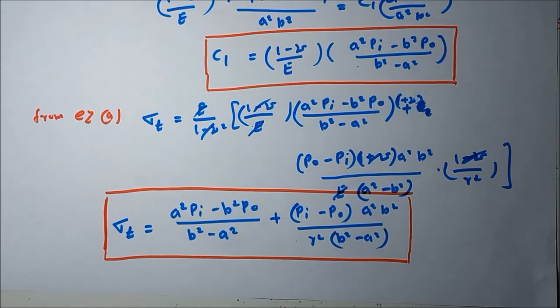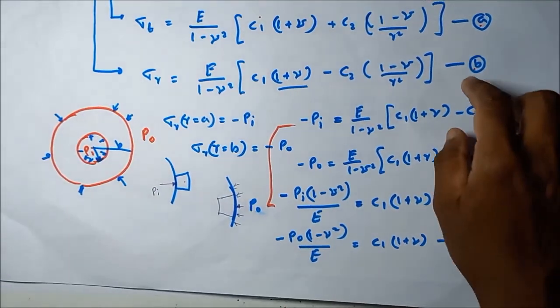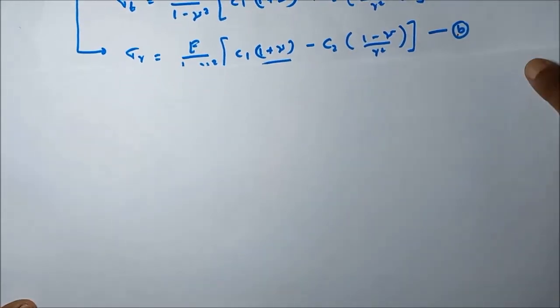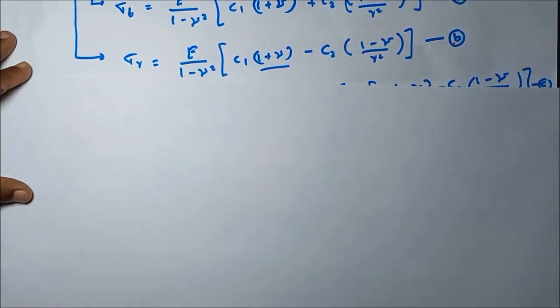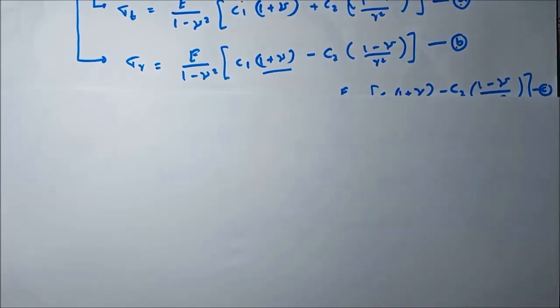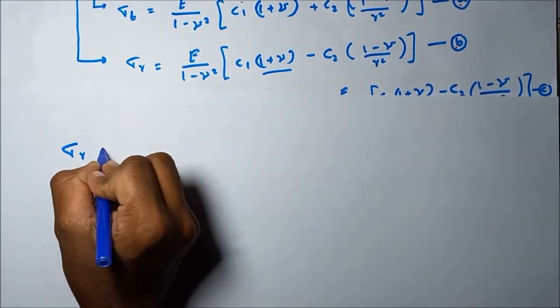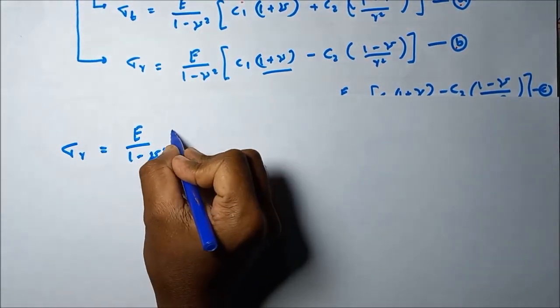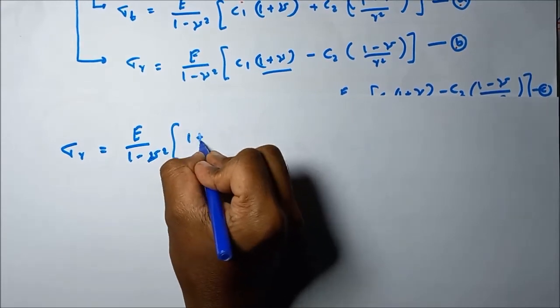Let me obtain the equation for sigma r also. We are going to substitute c1 and c2 in equation b. Sigma r equation: E divided by (1 minus nu square), times (1 plus nu).